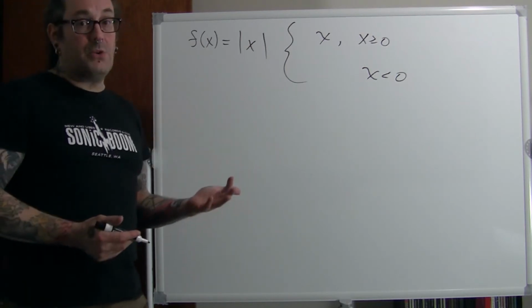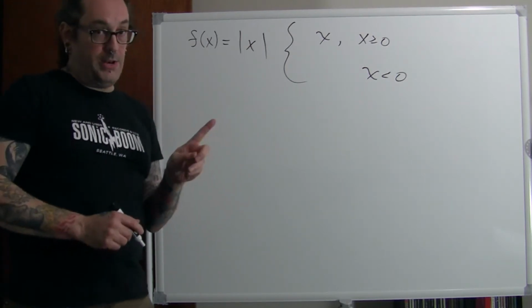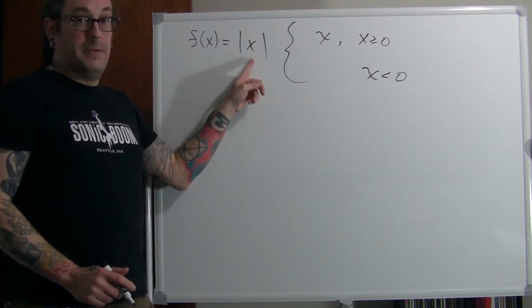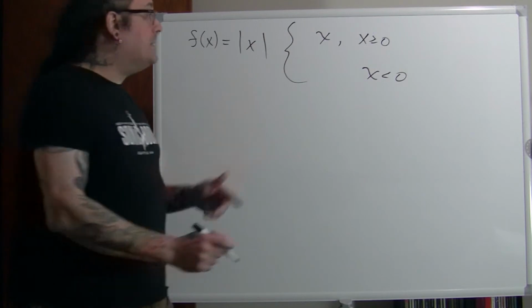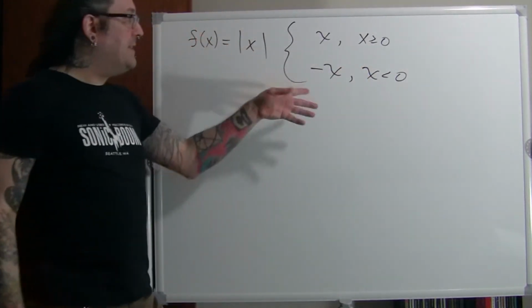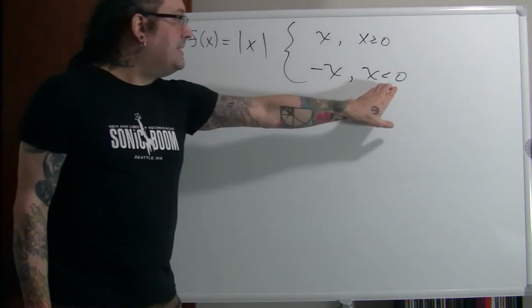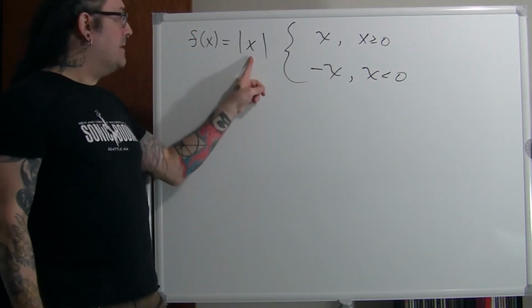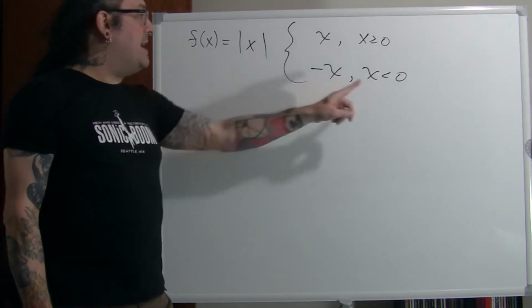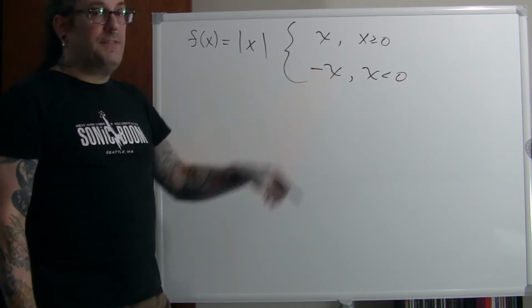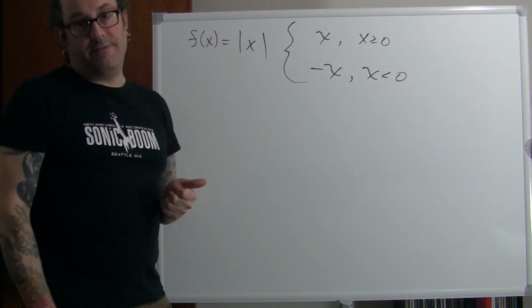There's several ways to do it, but the easiest way to do it is to multiply this by minus 1, or to simply say minus x. And let's see if that's the case. So if x is less than 0, minus 5. I put it in here. Minus 5 says I choose this branch because x is less than 0. Minus 5 is plus 5.